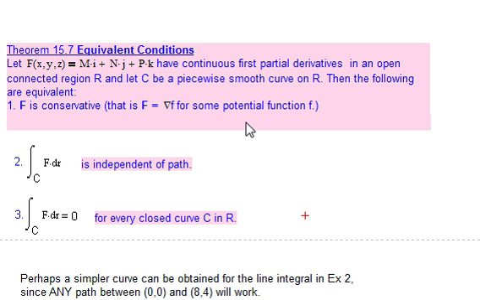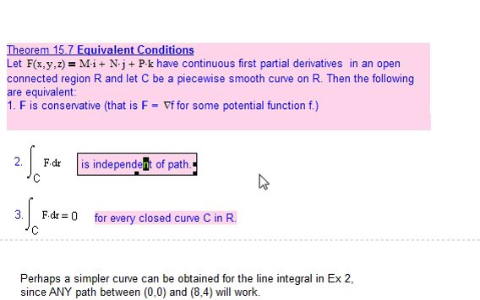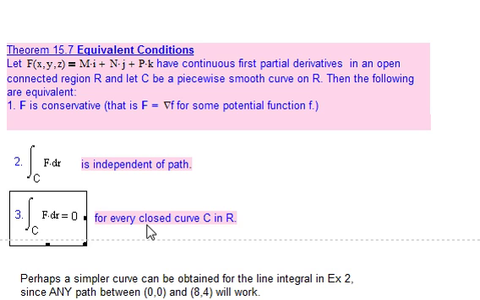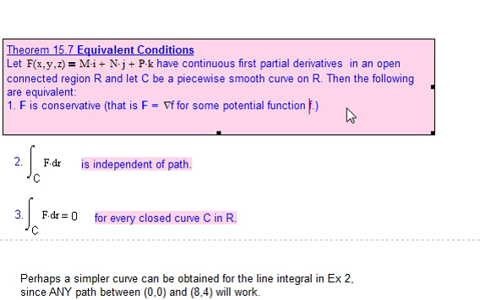So it's conservative, the line integral is independent of path, and the line integral is 0 for every closed curve. That means it starts and ends at the same place. And think what that means: if you evaluate the potential function f at the beginning and at the end, you're going to get the same thing. It starts and ends at the same place.